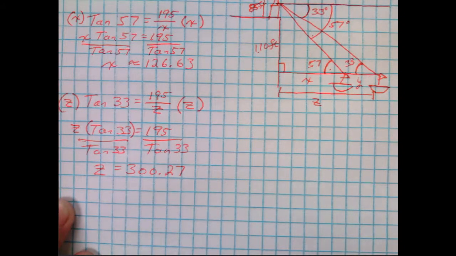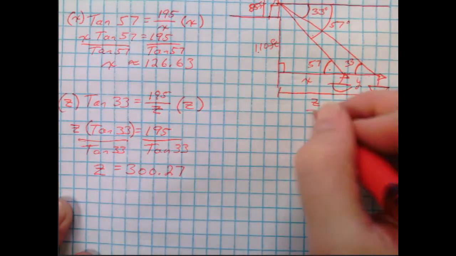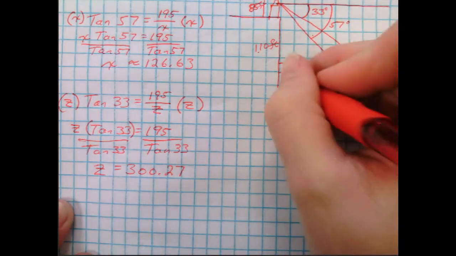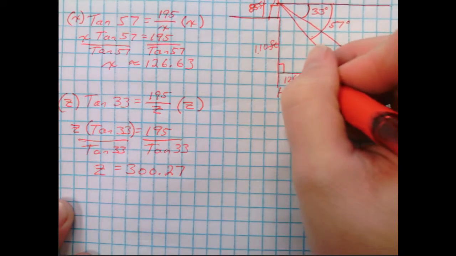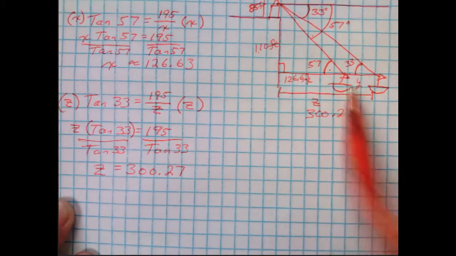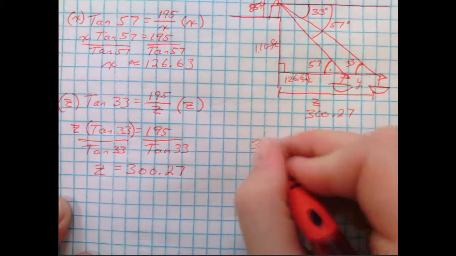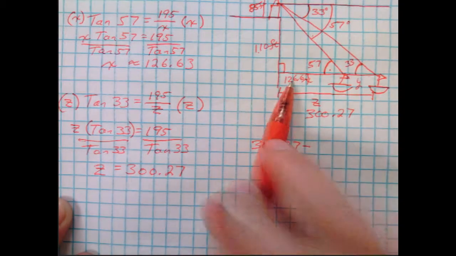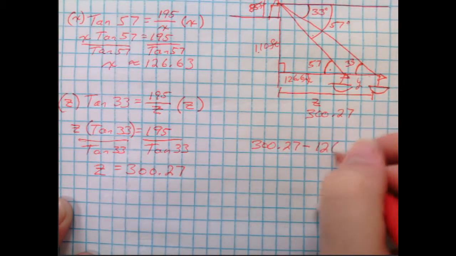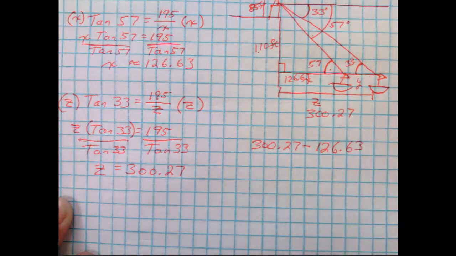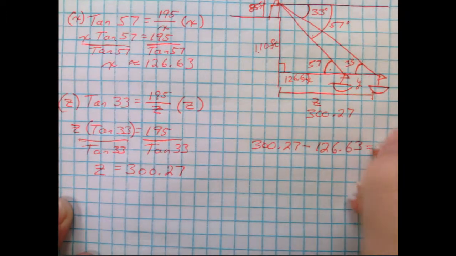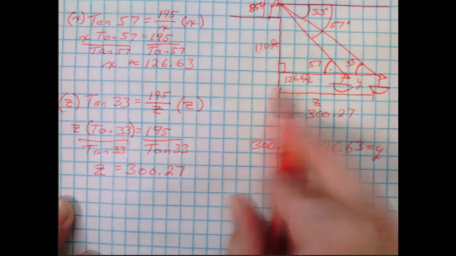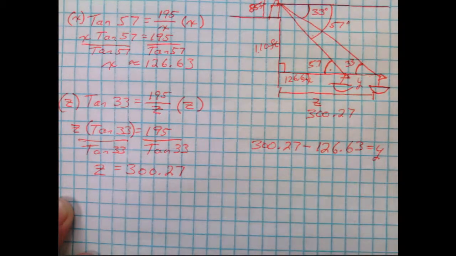So then from here, if z is 300.27 and we know x is 126.63, how do I find y? I'm going to take 300.27 minus my x, which is 126.63, and that's going to give me my y. That's what's left over. Here's the whole thing minus this piece is going to give me what's left over.